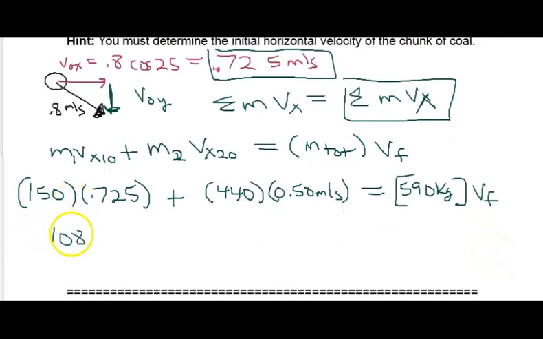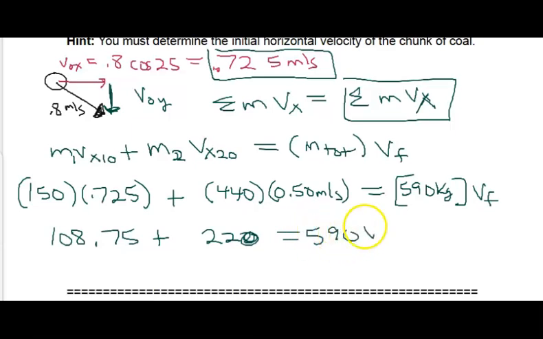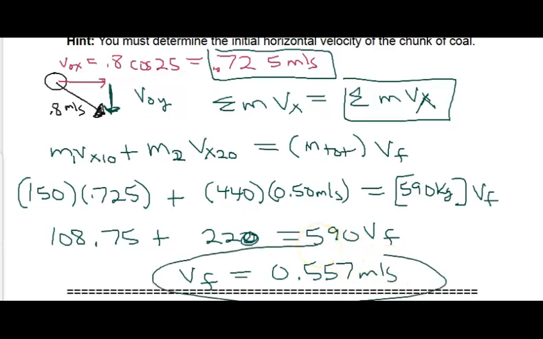This is 108.75. This is a beautiful 220 equals 590 VF. That means the final speed is about a little bit over a half a meter per second.